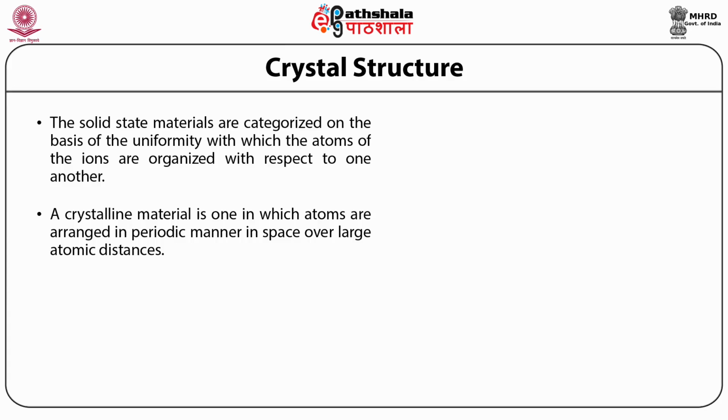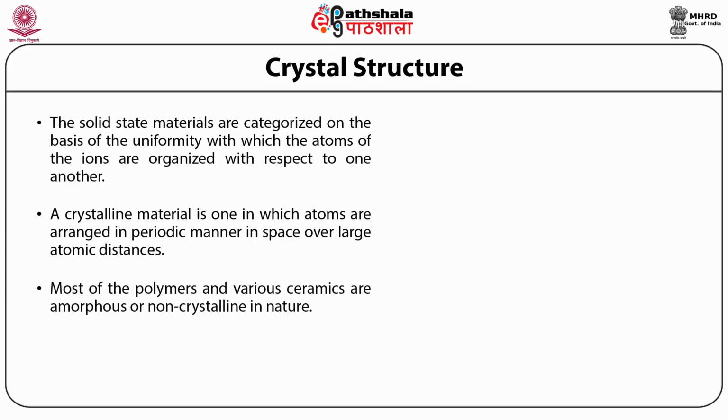All metals, various ceramics, and a few polymers show crystalline structure. The non-crystalline or amorphous material is one in which the atomic arrangement has no periodicity, or long-range atomic order is absent. Most of the polymers and various ceramics are amorphous or non-crystalline in nature.